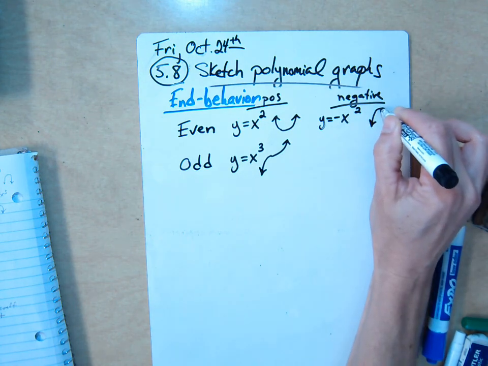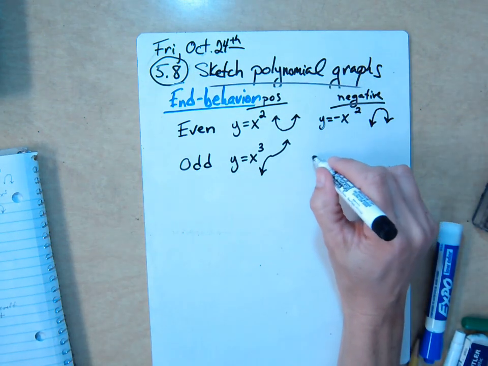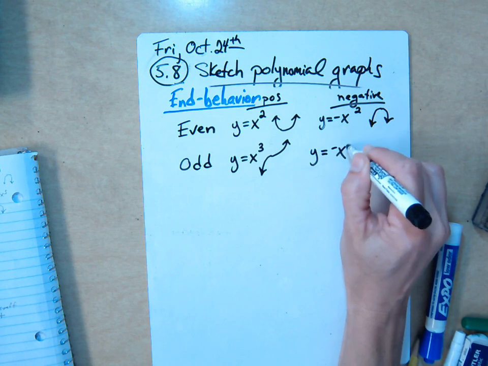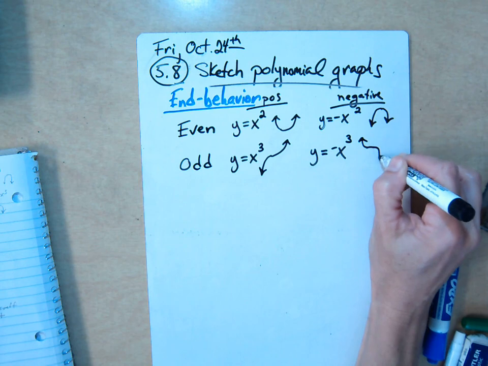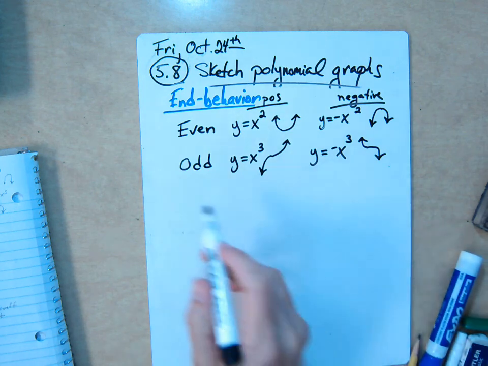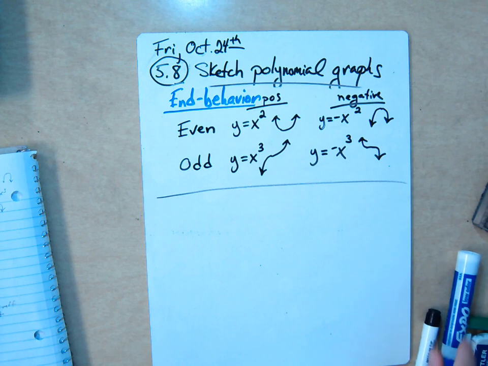So it starts down and it ends down, just like the graph of y equals negative x squared. And a negative orientation on an odd function is like y equals negative x cubed, and it starts up and it ends down. So it's just the flip. Basically, it reflects over the x-axis. So that's one part of being able to sketch, and that's what you start with, the end behavior.